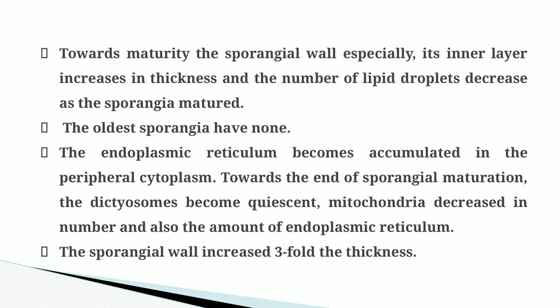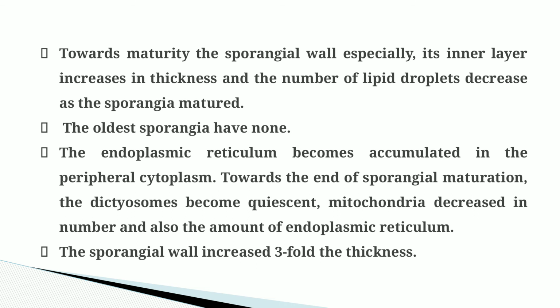The endoplasmic reticulum becomes accumulated in the peripheral cytoplasm towards the end of sporangial maturation. At the end of maturation, dictyosomes become inactive, the numbers of mitochondria and endoplasmic reticulum decrease, and the sporangial wall increases threefold in thickness.